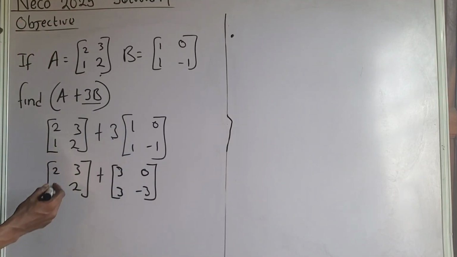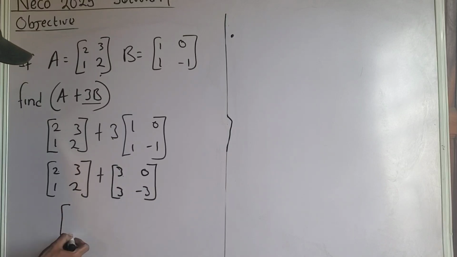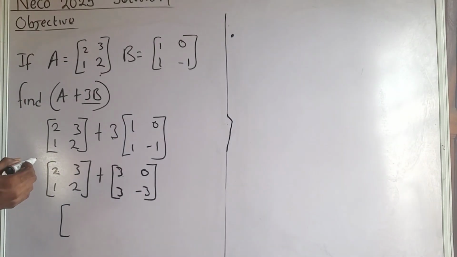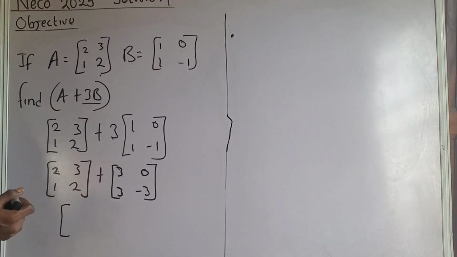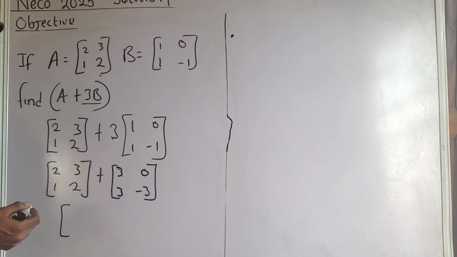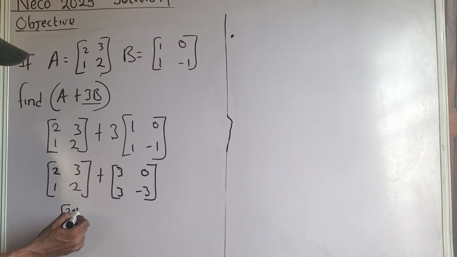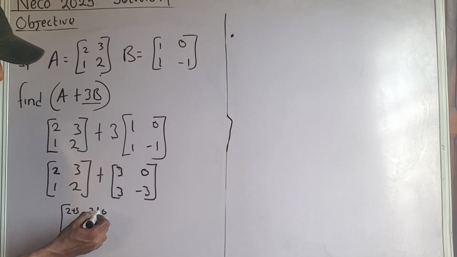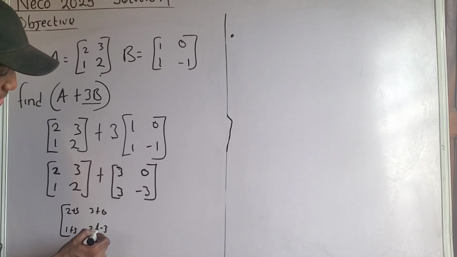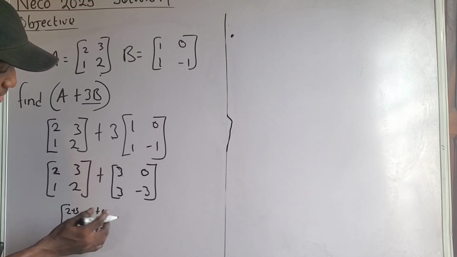For this, I'm going to have 2 plus 3. That is, you are going to add up the corresponding elements of both matrices. You understand? Okay, the numbers that are in the same position, you're going to add them together. So for this, I'm going to have 2 plus 3, 3 plus 0, 1 plus 3, 2 plus minus 3. Do you understand?